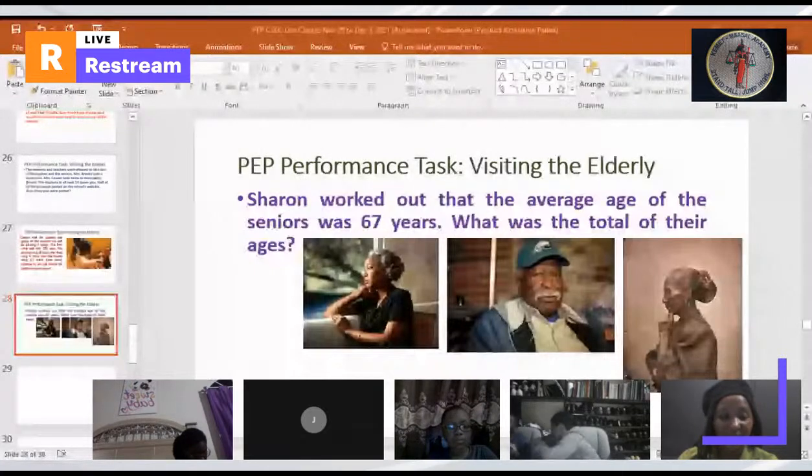Remember, the reverse of that, to get the average, you divide the total by the number of things. So to get the total, you multiply the average by the number of things.